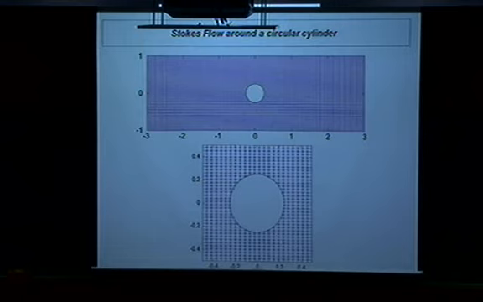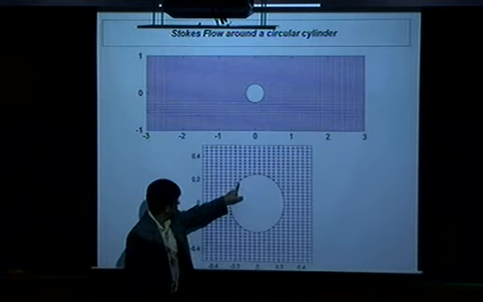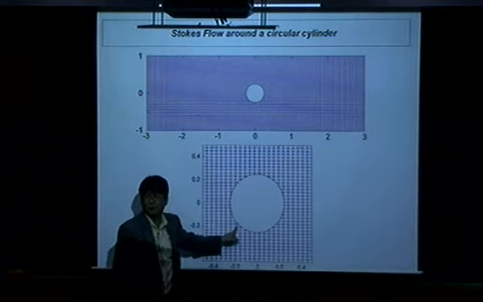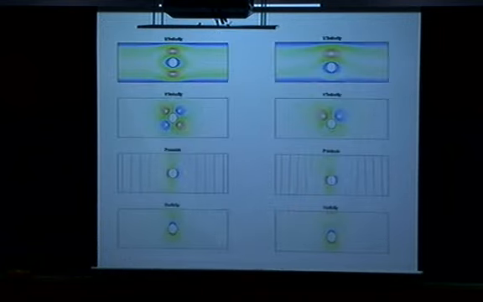Okay, so this is the zoom-in view. Can you see these points? There are irregularly distributed points, and we have very good results like that: U velocity, V velocity, pressure, and vorticity. This is quite good agreement with other results also.